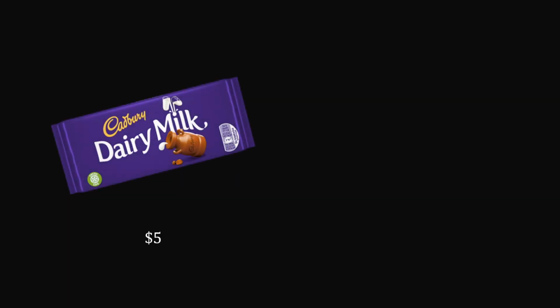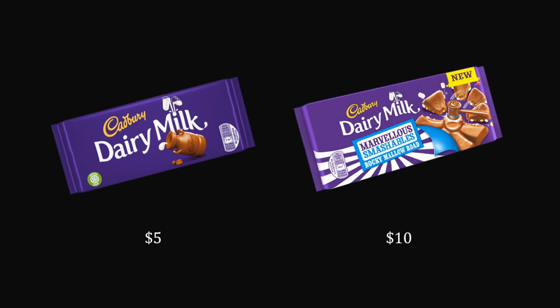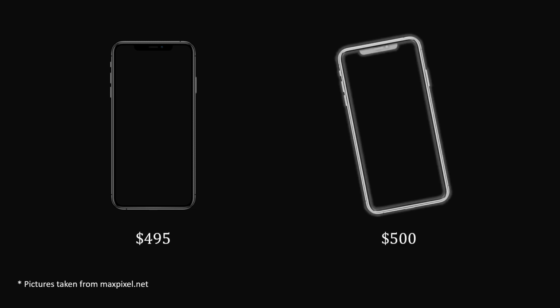Consider you are buying a chocolate bar. It is priced at $5 and there is a new flavor priced at $10. Would you buy this new flavor? Probably not. Another similar scenario, you are purchasing a phone priced at $495 and you see a more superior model priced at around $500.